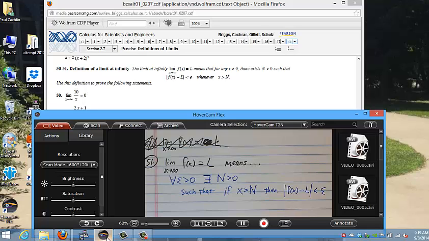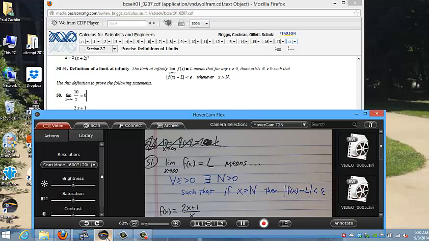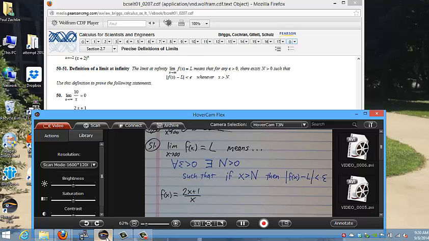And now I'm going to actually work on 51. What does f of x equal in problem 51? Well, they say 2x plus 1 over x. And they say that the limit is 2. You guys would be able to compute that, right? Well, how do you know? Divide top and bottom by x, and it works out, right? You get the leading coefficients.